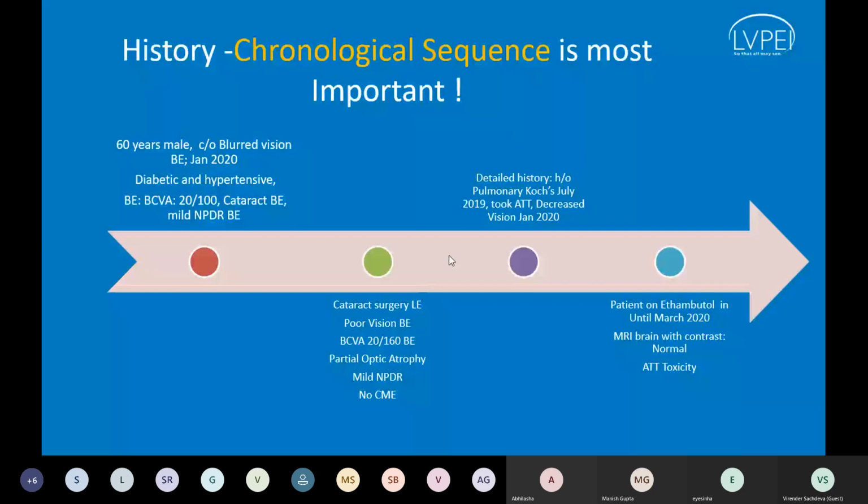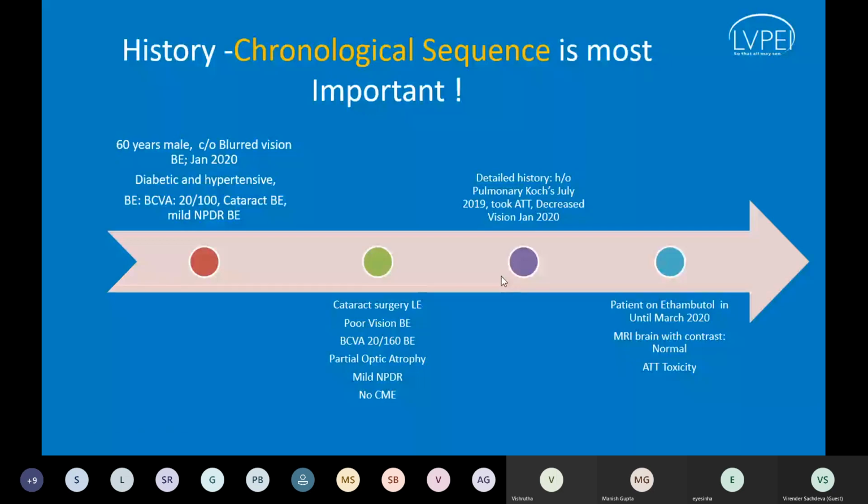This patient is a 60-year-old gentleman who was referred to us recently in July 2020. He had complaints of blurring of vision in both eyes from January 2020. The patient is diabetic and hypertensive, and had best corrected visual acuity of 20/100 in both eyes. The patient also had cataract in both eyes and mild NPDR.